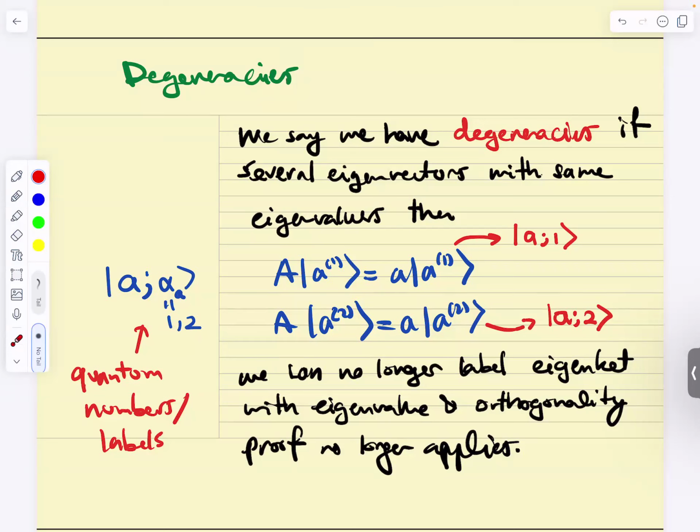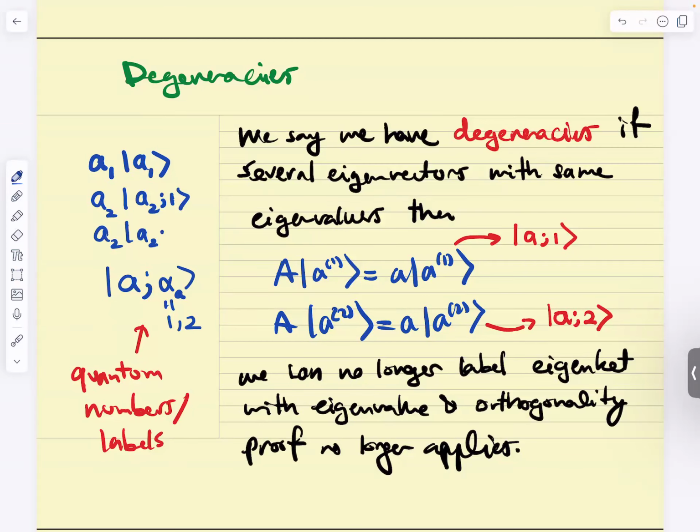Is the notation clear now? So what was the point about the alpha sub A? Yes. Imagine the following setup. You have A1, which is not degenerate. You have A2, which is degenerate. So I have a total of 3 eigenvectors.